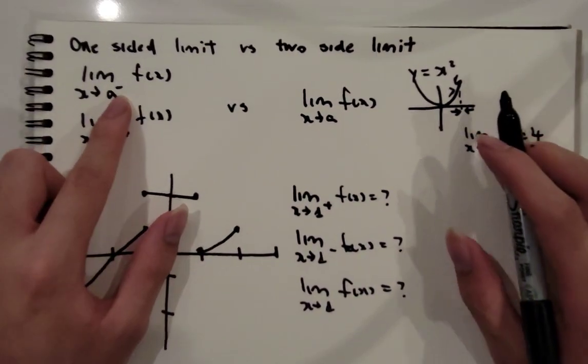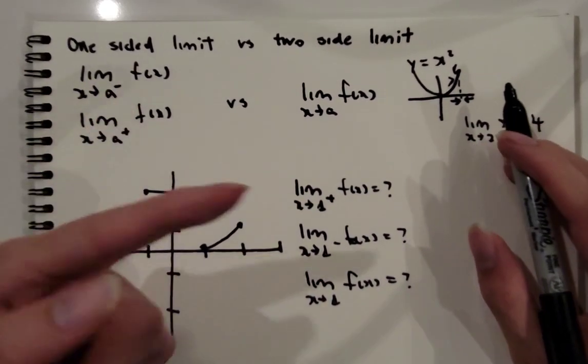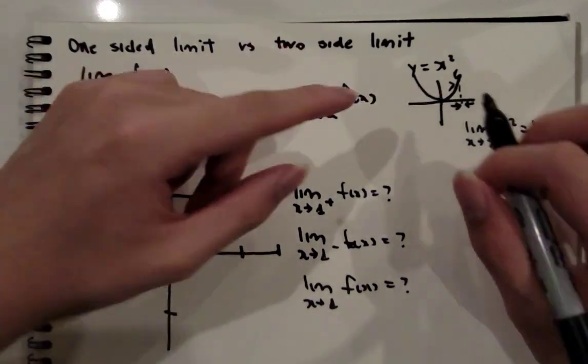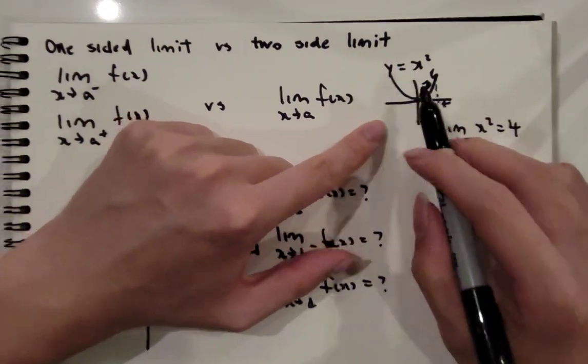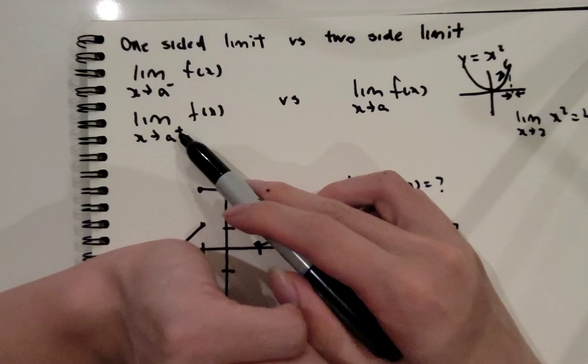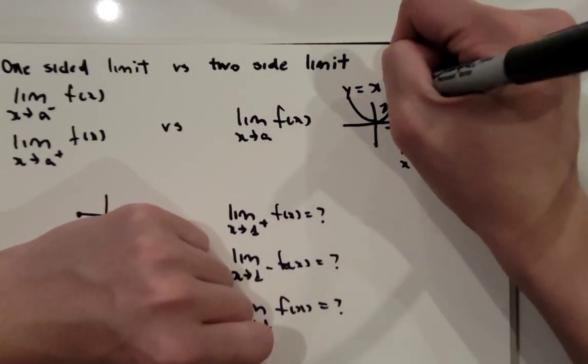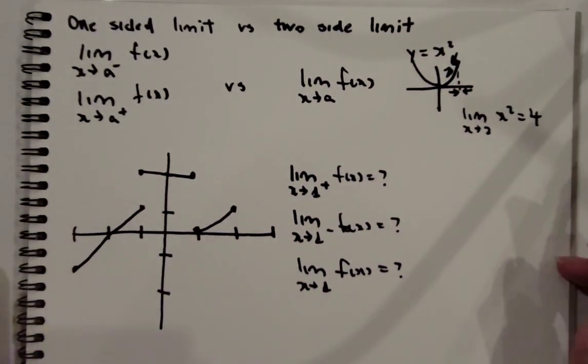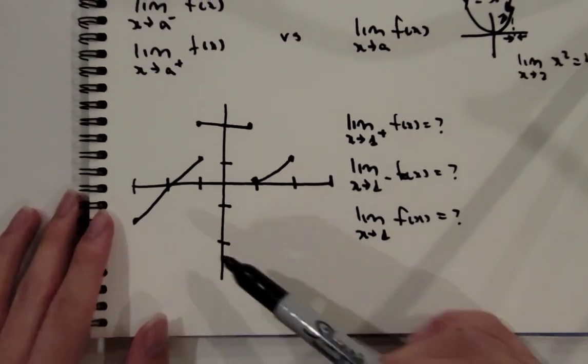What we mean by negative is approaching from the left side, and what we mean by plus is that we approach from the right side. This might sound confusing, but I'm sure it will get easier if I show you the example here.